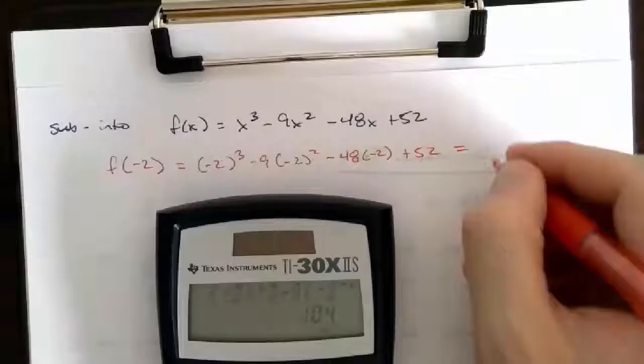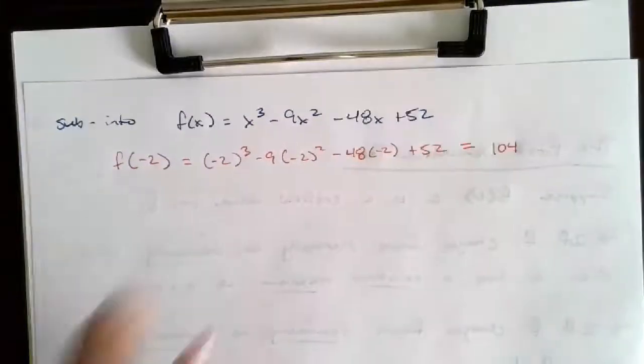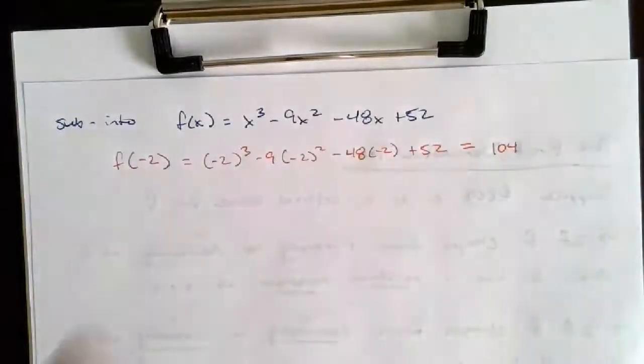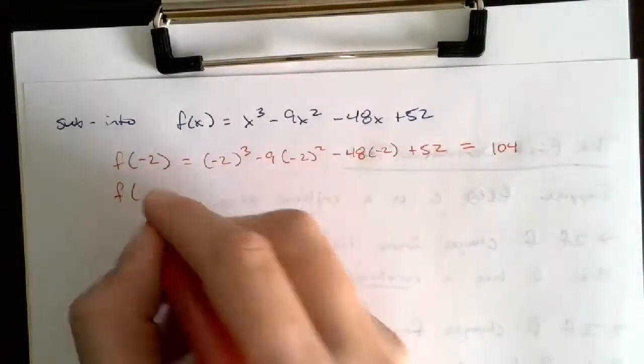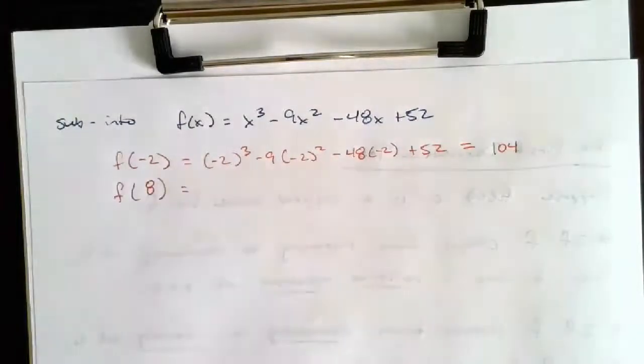I get 104. So this point, the x value comma y value, is -2, 104.